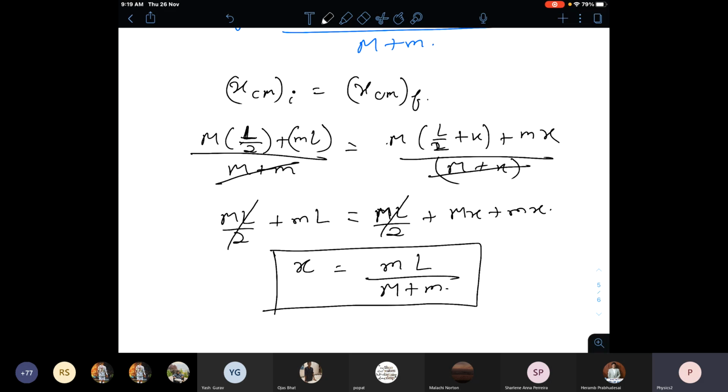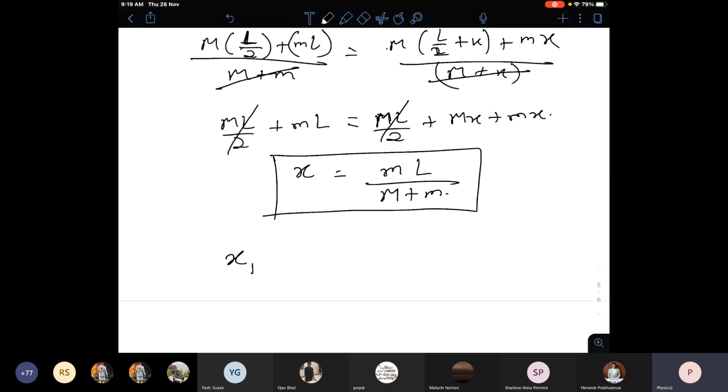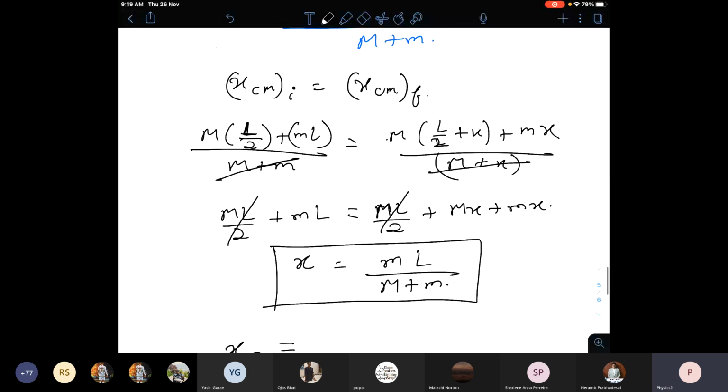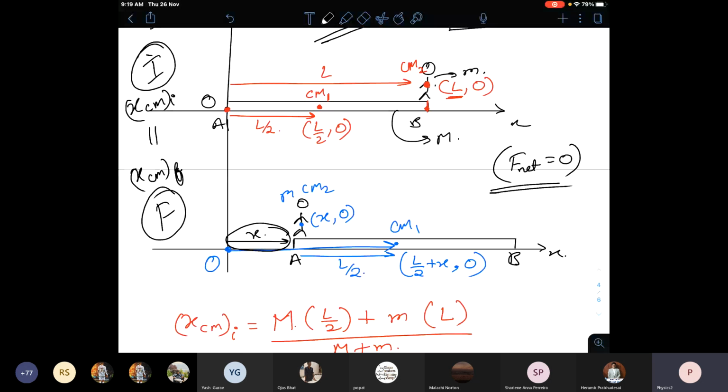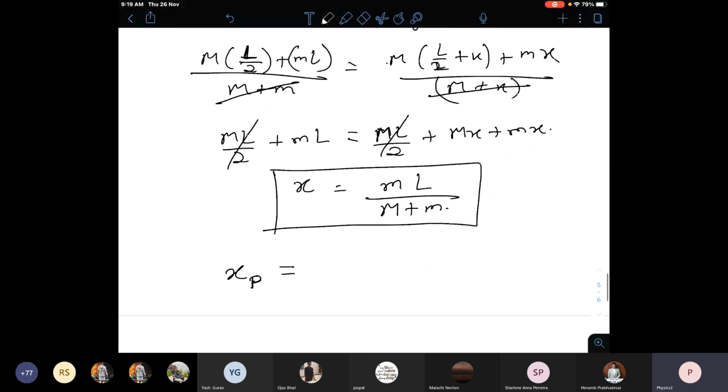How to remember this formula? First of all, what is x? X is the displacement of the plank, with respect to the ground. So x calculated is xp.